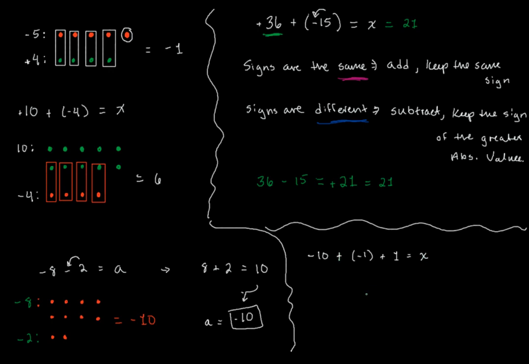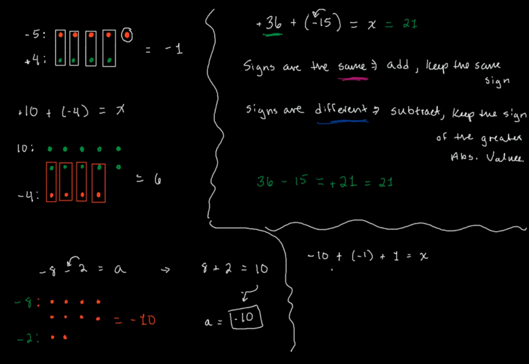So let's start with this negative 10 and this negative 1. Doesn't matter if we're adding or subtracting, we're looking at the signs. The signs are the same, so we have a negative 10 and a negative 1. So I'm going to add, and then I'm going to keep the same sign.